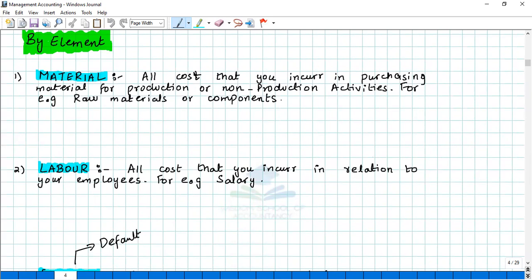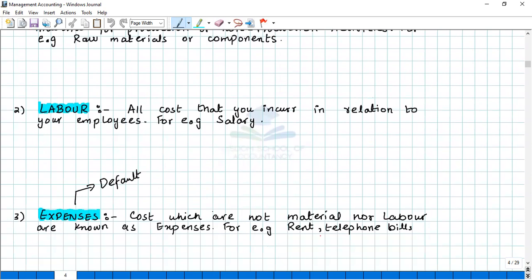The second is labor cost. All the staff that is working in your organization, all the employees of your organization, the cost that you are bearing in relation to them will be known as labor cost. Okay, so all the cost that you are bearing with respect to your employees will be known as labor cost.